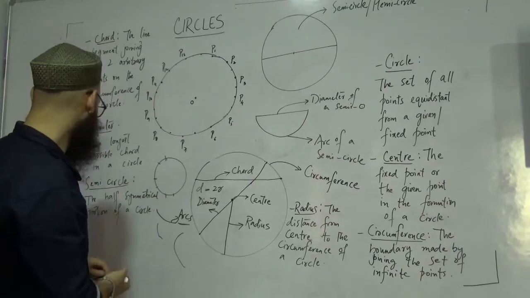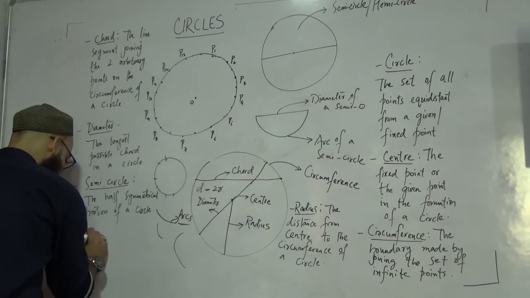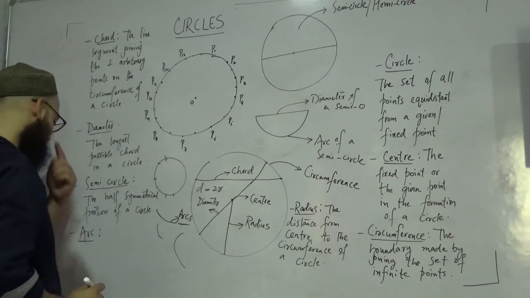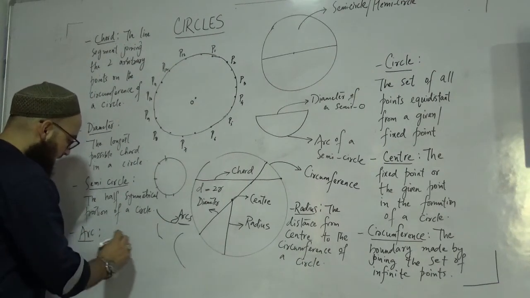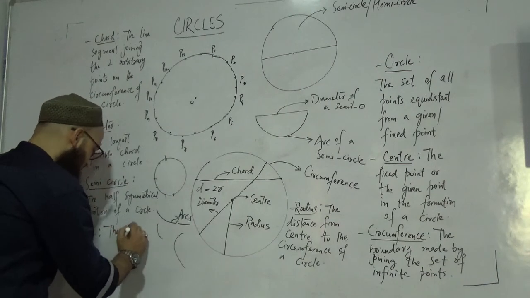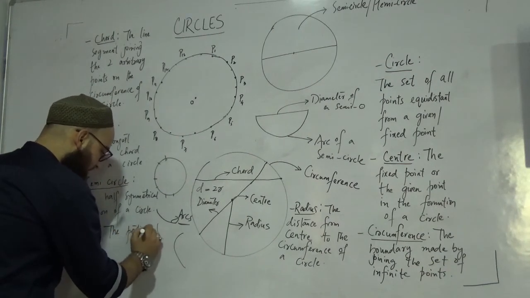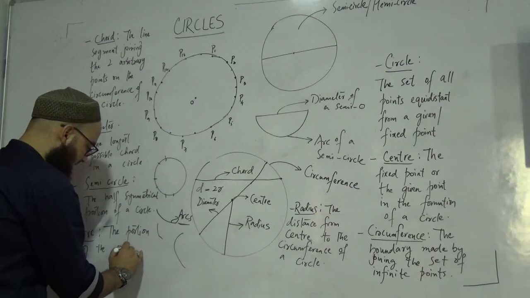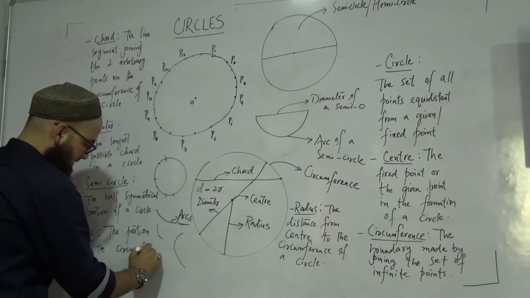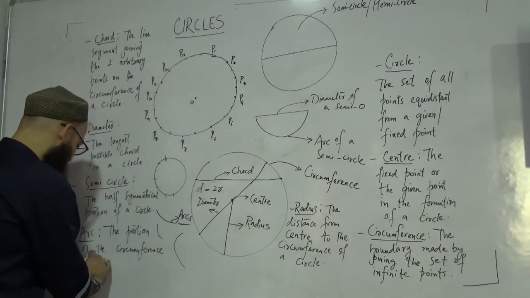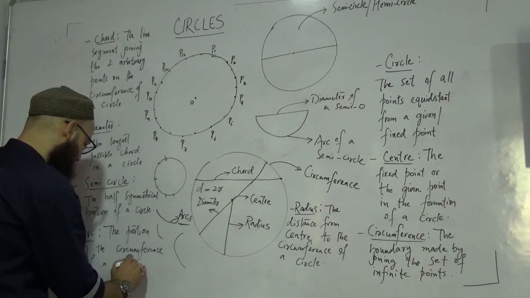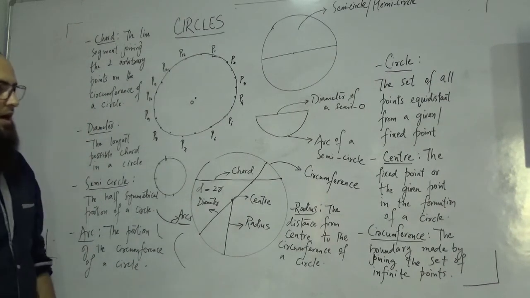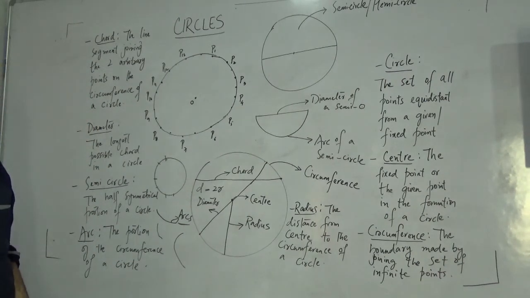You got it? Then we have arc. The definition for arc I can write like this. The portion of the circumference of a circle is called an arc of a circle. Make a note.